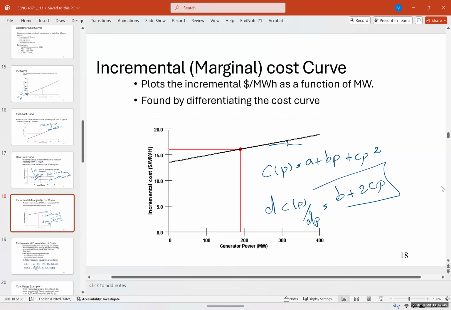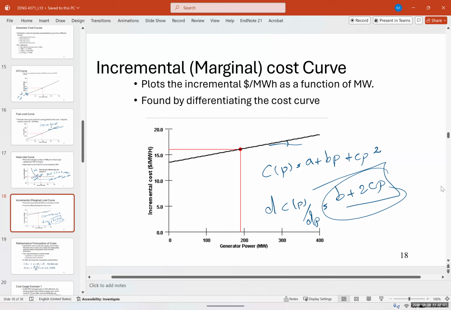Now, for a quadratic cost curve, the incremental cost is a linear function of P, if you look at it here. This is convenient because it makes the economic dispatch equations easier to solve when you have a linear equation.